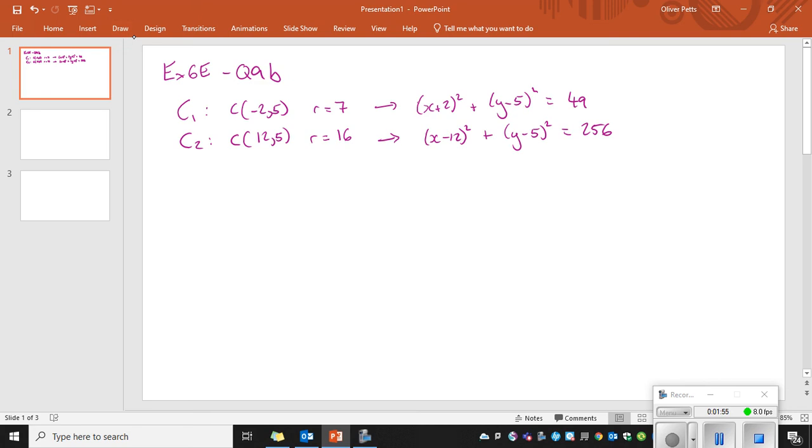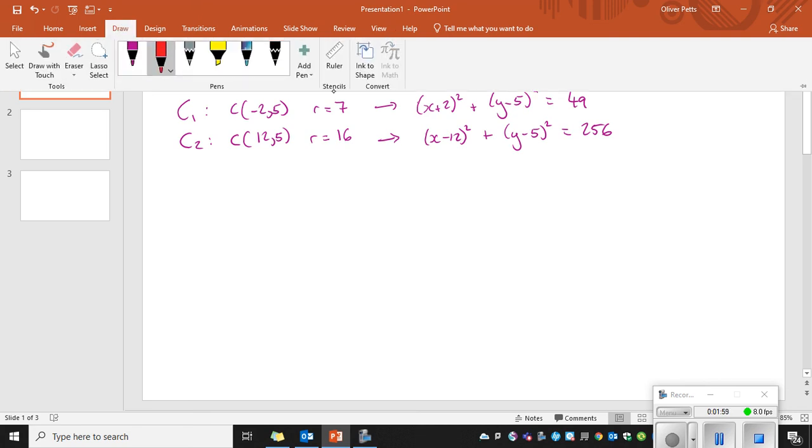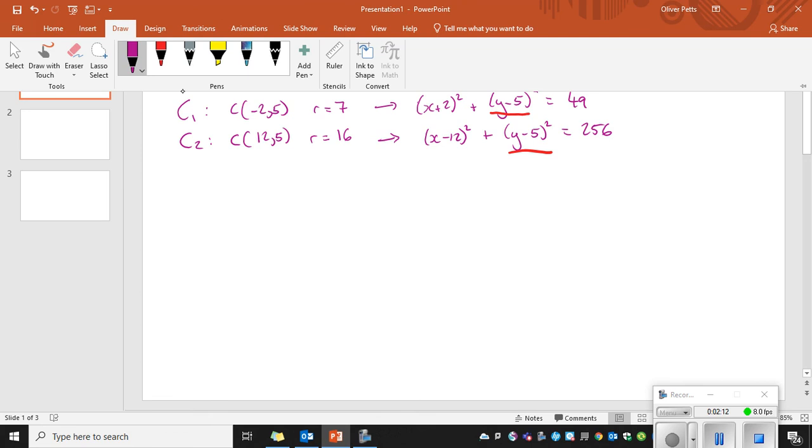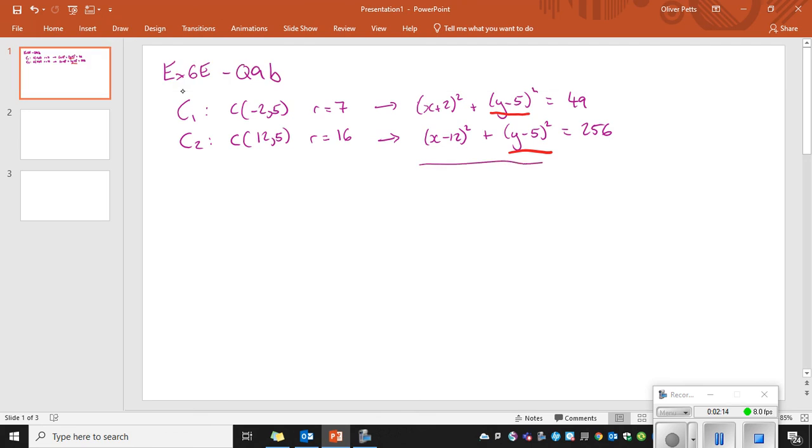Now, it's worth being mindful in this special situation that each of our equations has got y minus 5 squared, which is quite a unique situation. It doesn't always happen with circles. Why is that an important detail? Well, you can approach this through elimination or substitution. I'm going to approach it through elimination.